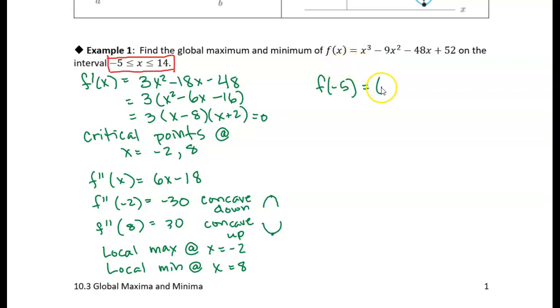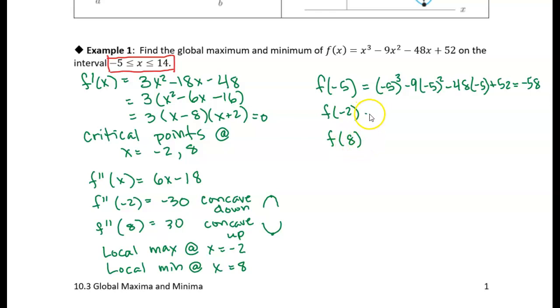I'm going to compute -5 cubed minus 9 times -5 squared minus 48 times -5 plus 52. When I evaluate that, I got -58. I'm just going to keep doing that for my critical points, -2 and 8, and then I'm also going to evaluate the function at 14 because that's the other endpoint.